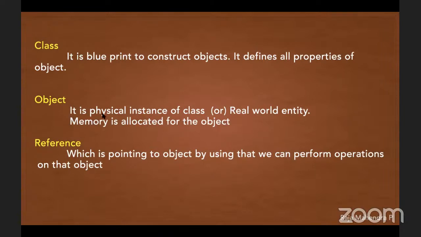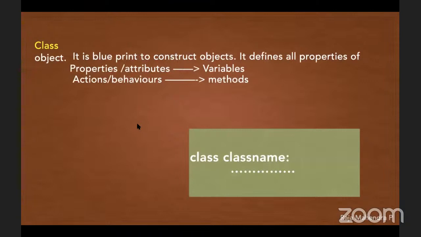The object is basically a memory storage, stored in physical memory, and the reference is nothing but the object reference. In this slide, we are saying it is the blueprint to construct objects. It defines all the properties: attributes, variables, and the actions, behaviors, and methods.